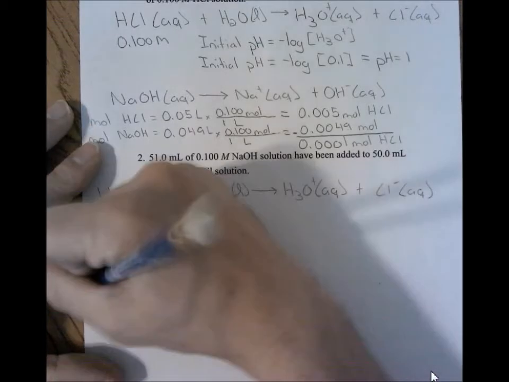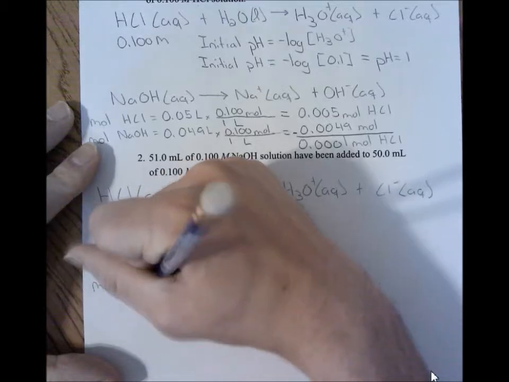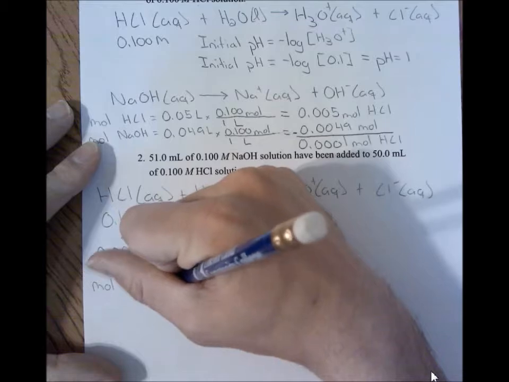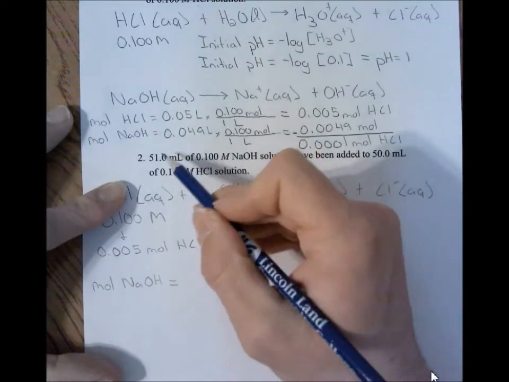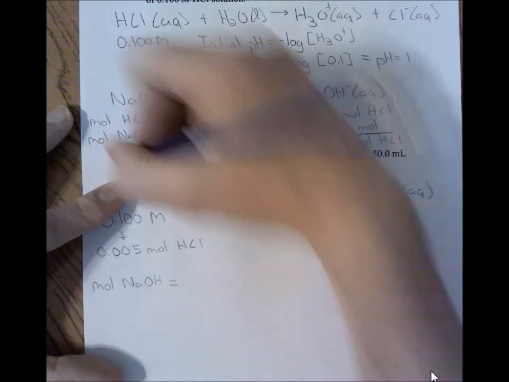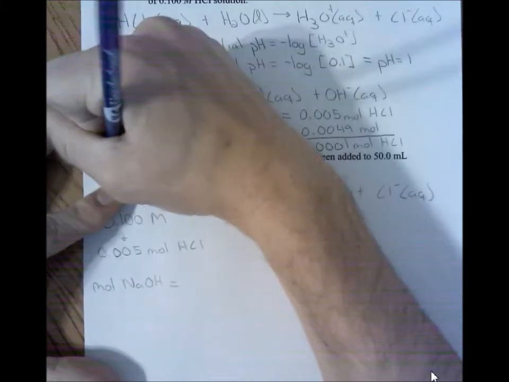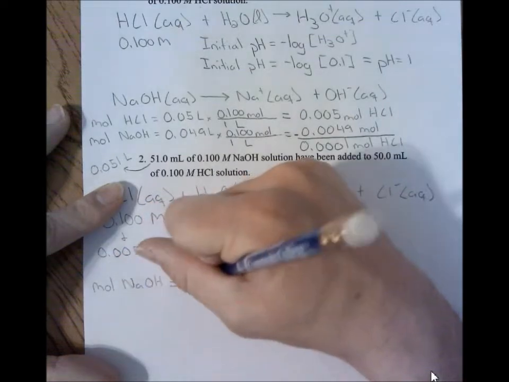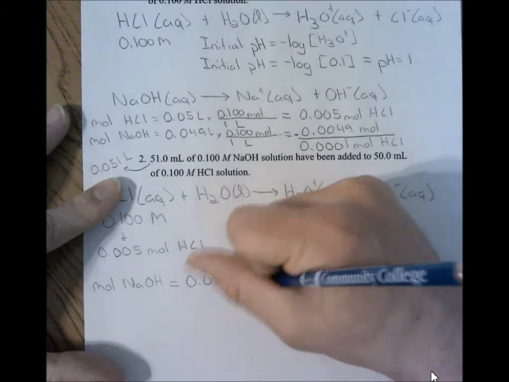And so we do this. We start out with the amount of liters, which if you take 51 divided by 1,000, what you'll end up getting is 0.051 liters of NaOH, and we're going to multiply it by its molarity. Now again, lucky for us, we still have that 0.1 molar.